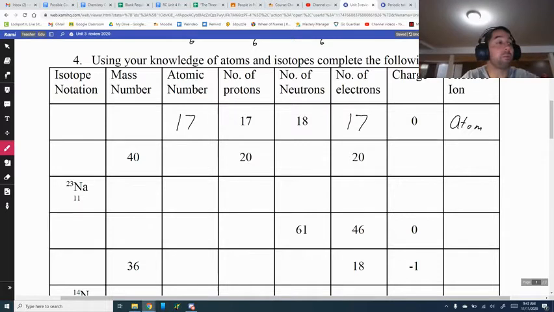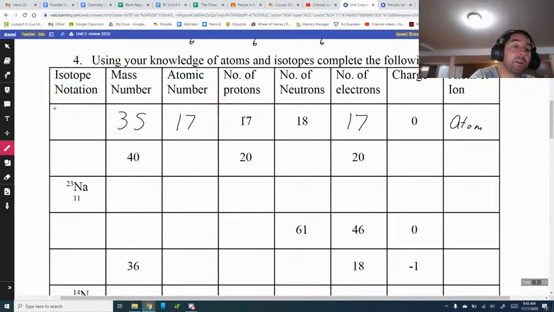Okay. Now, for mass number, we just take protons plus neutrons. So we take 17 plus 18, and we get 35. Now, from here, we do the isotope notation. Top left number is the mass.